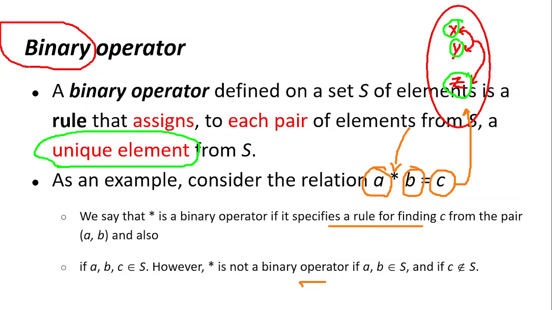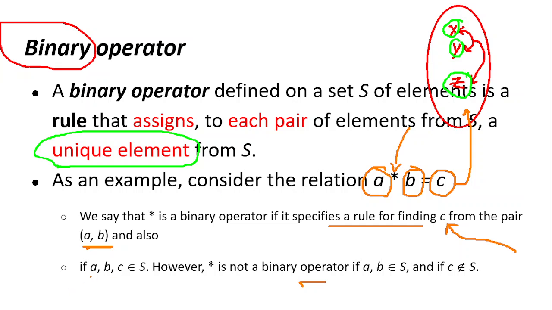So what is the rule? That if you take two elements A and B, also if you want to represent it in the form of a set inside a bracket, you put A comma B is a set. Now you apply a binary operator, then it results in a unique value C.